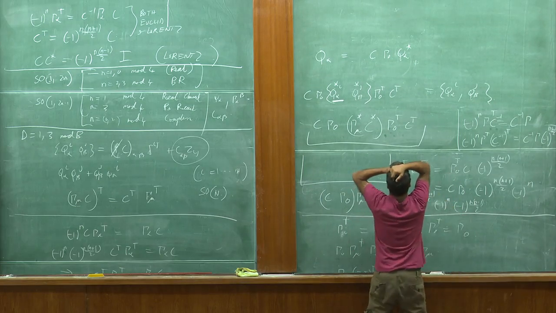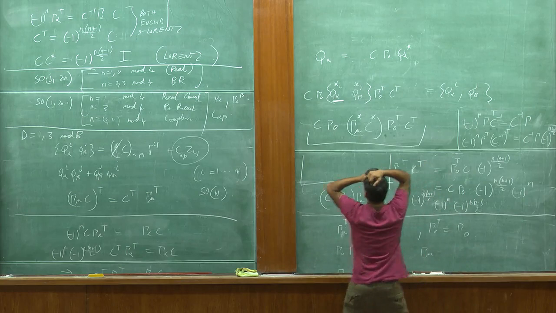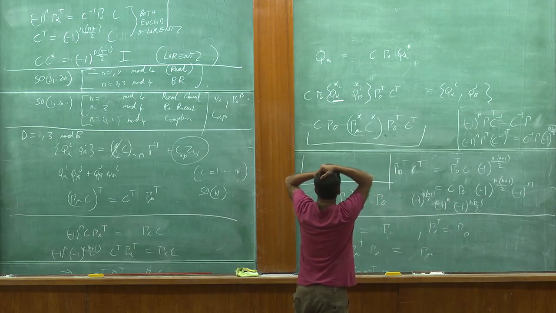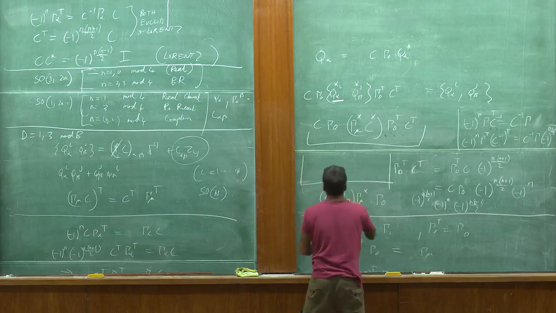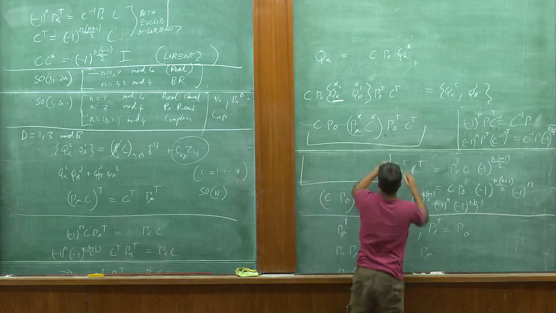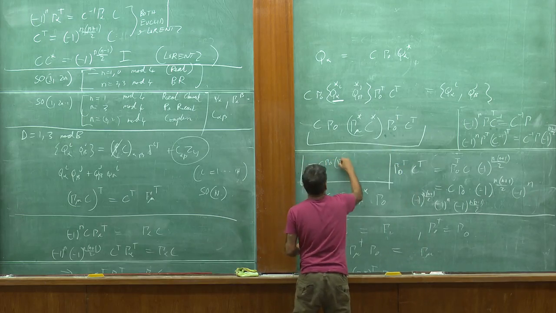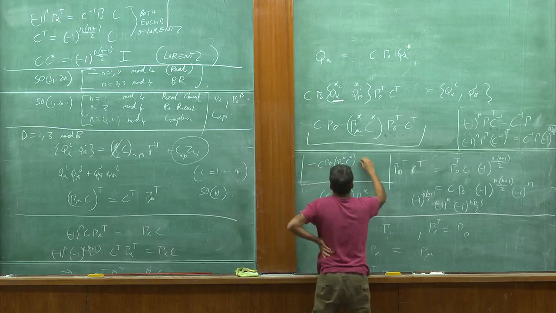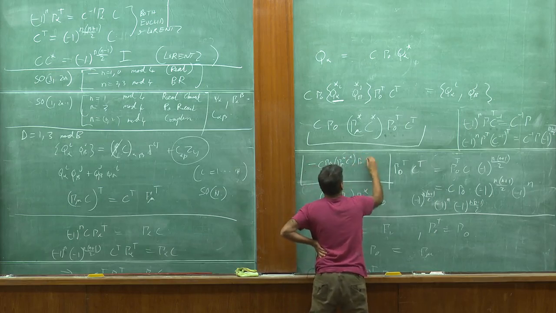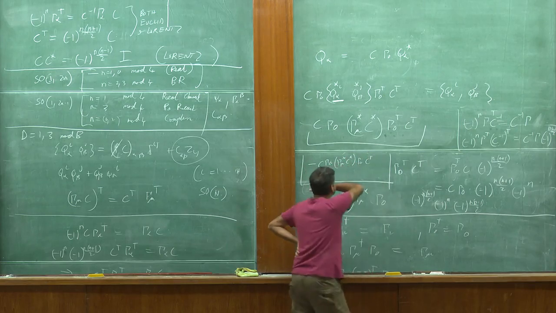So you can change the order, first C gamma 0, then C gamma 0. So the suggestion was this: gamma 0 is minus C gamma 0, gamma mu star, C star times gamma 0 times C transpose.